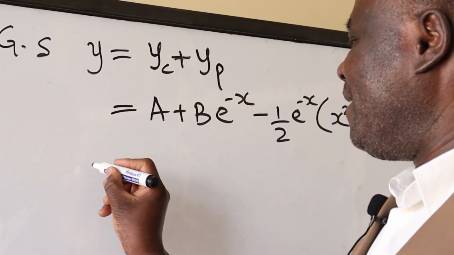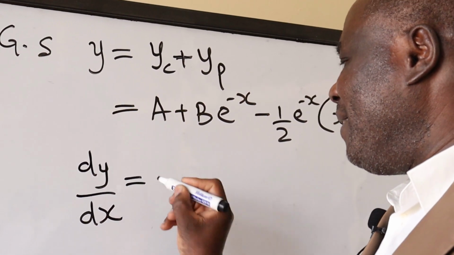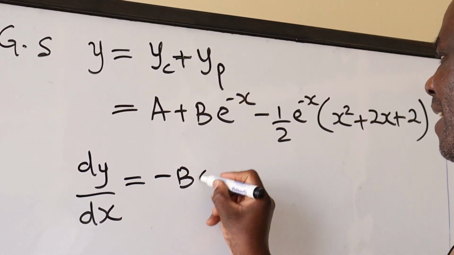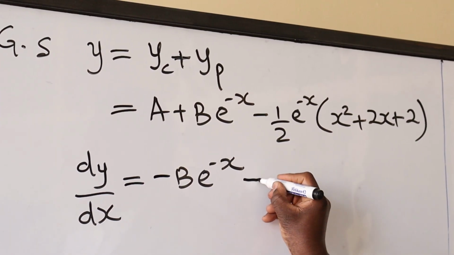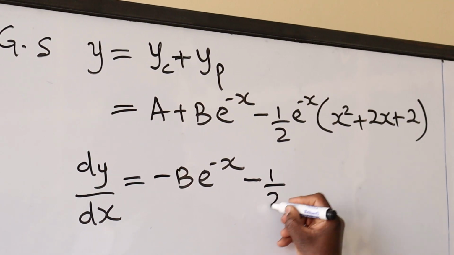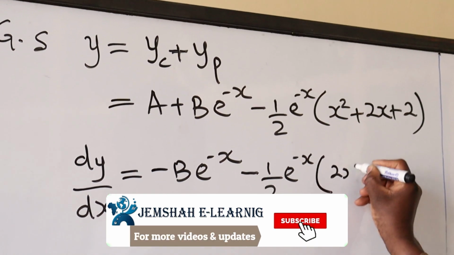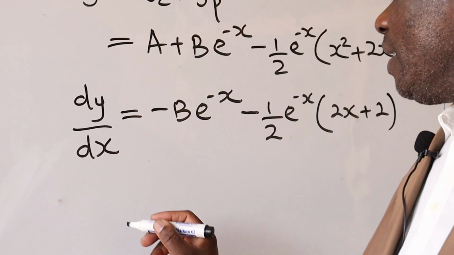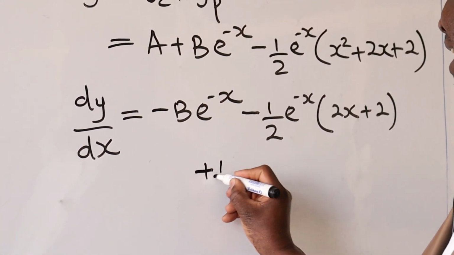But there were conditions given, so we need dy over dx. Dy dx will now be minus b exponential negative x. We are differentiating this to get our dy dx. So we say we have minus a half exponential negative x into 2x plus 2. We are differentiating. Plus a half.